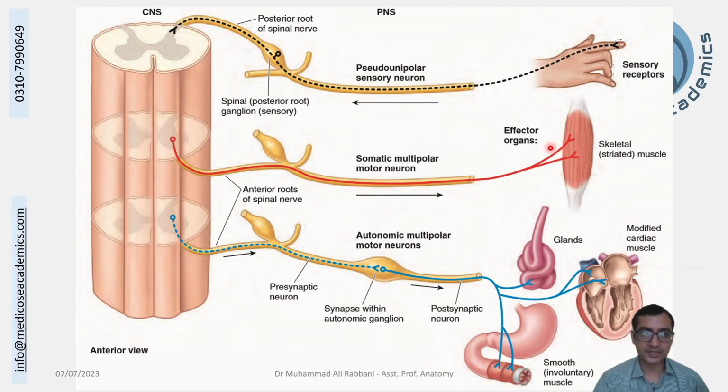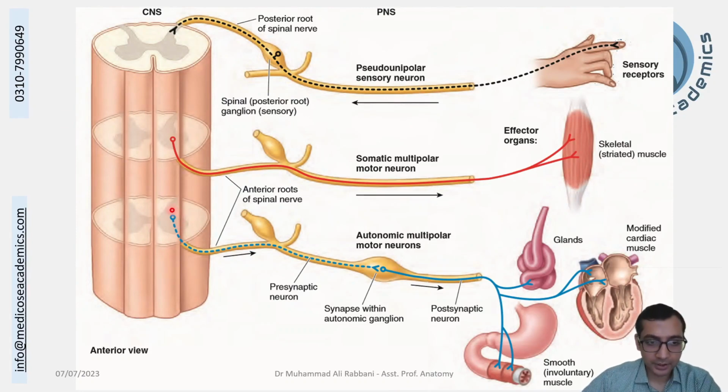However, the autonomic nervous system, be it sympathetic or parasympathetic, has a very unique arrangement. It has two neurons from the central nervous system to the effector organs. The cell body of the first neuron is always present inside the CNS, be it brainstem or spinal cord, and the cell body of the second neuron is present outside the CNS in a ganglion. We will see the different ganglia.